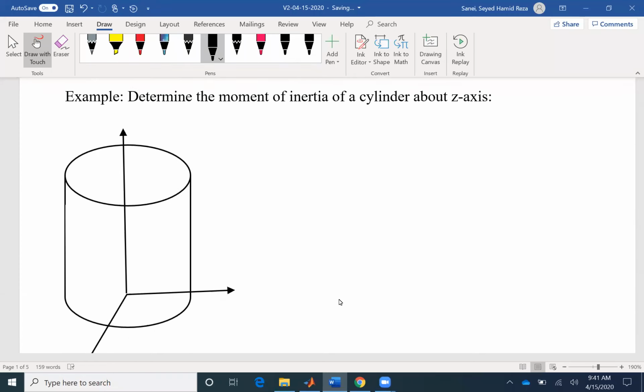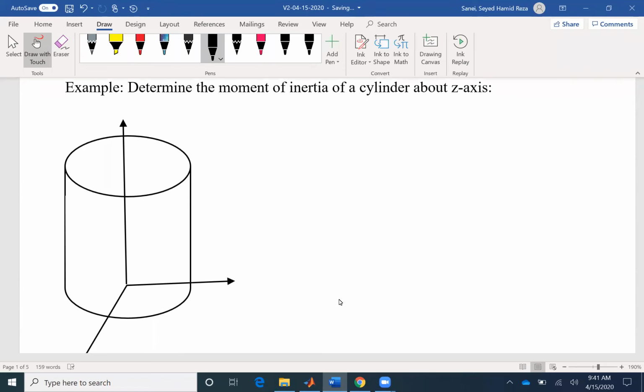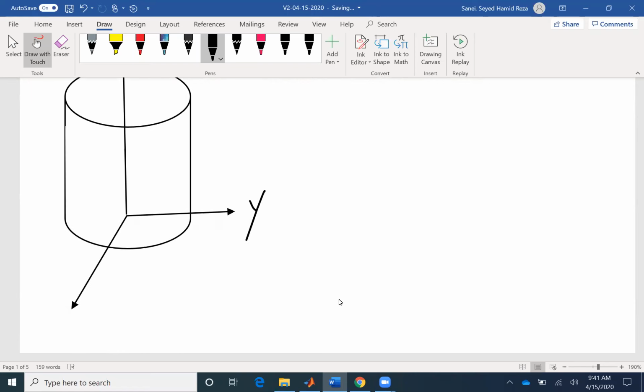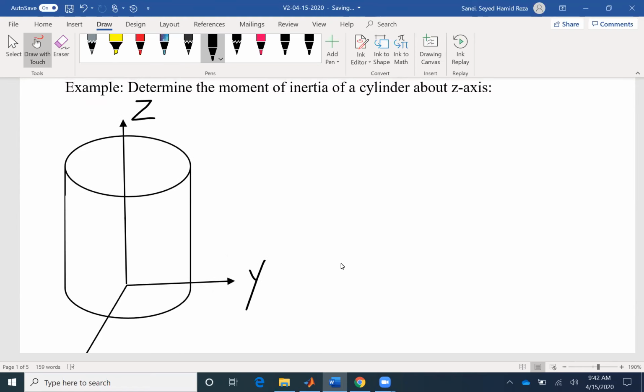Now we are going to solve an example finding the moment of inertia for a cylinder about the z-axis. Let's say this one is z, this one is y, and this one is x. If our cylinder has a radius of r and a height of h, we're going to find I for our cylinder.